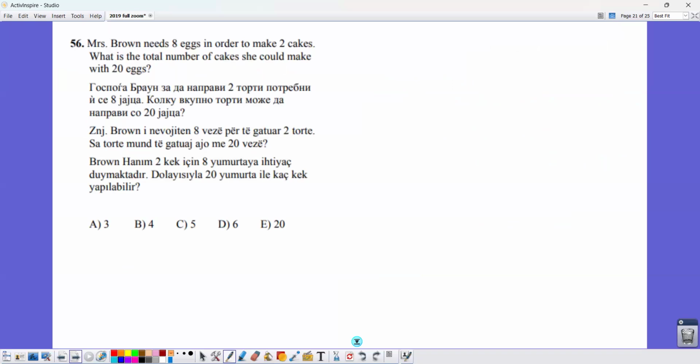Then we are going to the 56th one. Mrs. Brown needs 8 eggs in order to make 2 cakes. What is the total number of cakes she could make with 20 eggs? This is direct proportion. So with 8 eggs, 2 cakes. With 20 eggs, how many cakes?